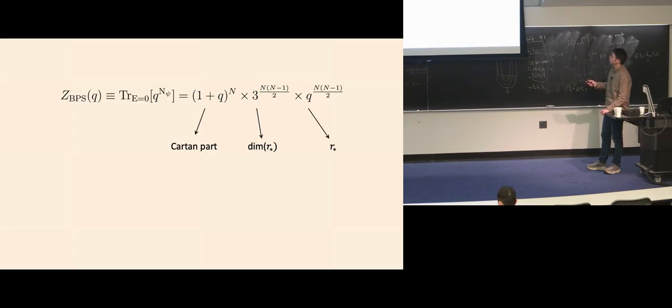And then we should multiply it by this big factor, 3 to the n times n minus 1 over 2, which is the dimension of the representation, so the number of states in the representation. And then there is this Cartan part that I was mentioning earlier, where you have n diagonal elements. For each of them, you can choose to either occupy or not occupy, so you have this additional factor. So this is the BPS partition function.